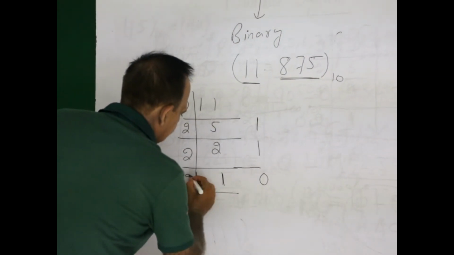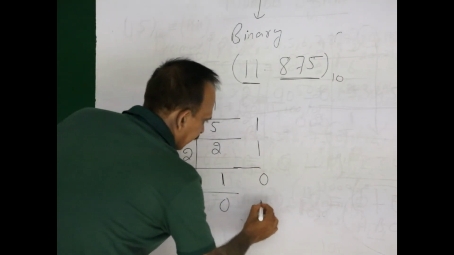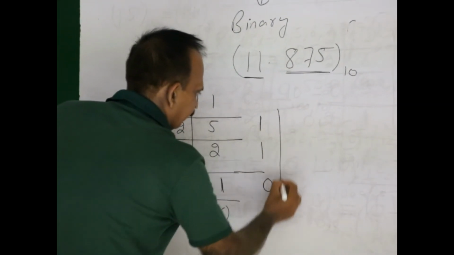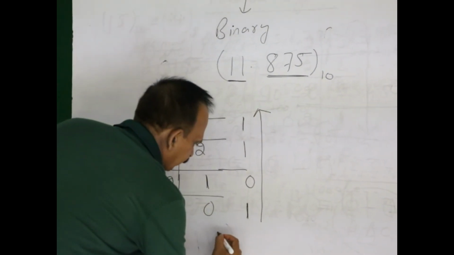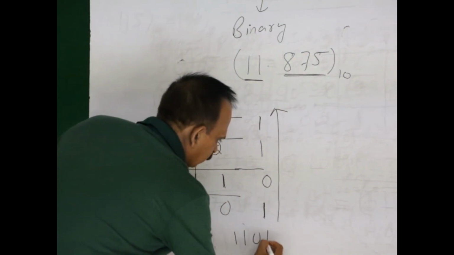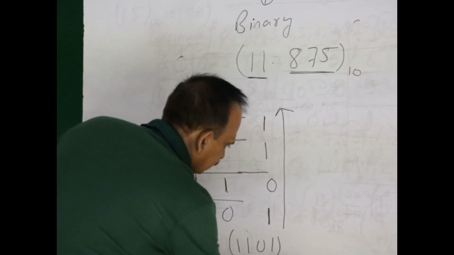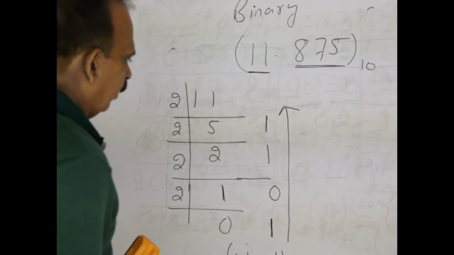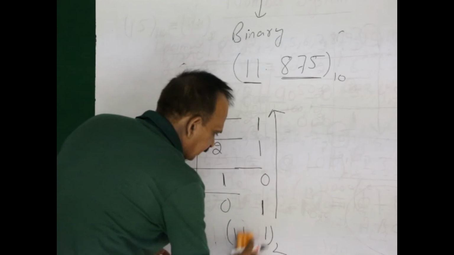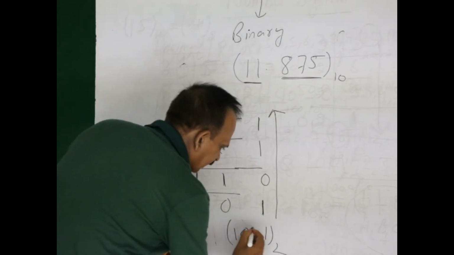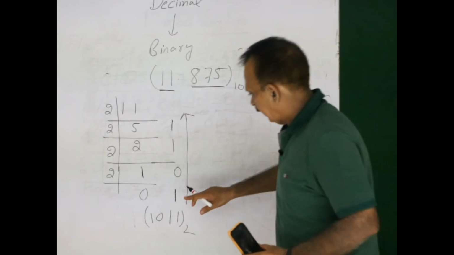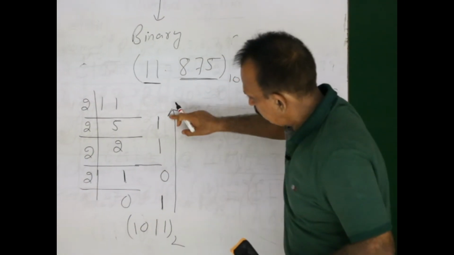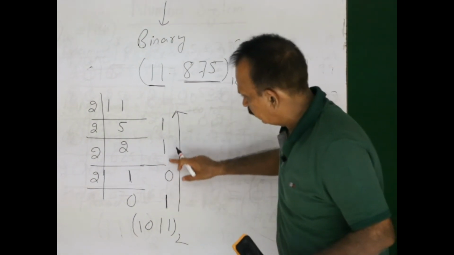With the next division, the quotient will be 0 and the remainder is 1, and from bottom to top it will be 1011. This is the binary number which is equivalent to 11. I will be writing the remainders from bottom to top: 1011.